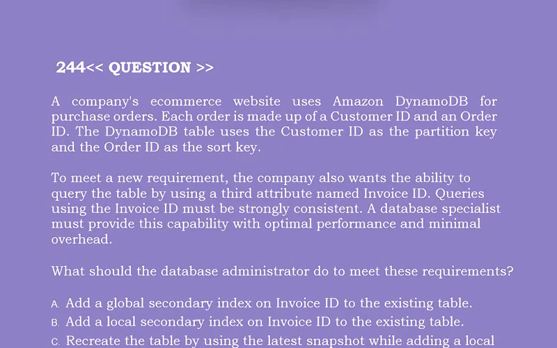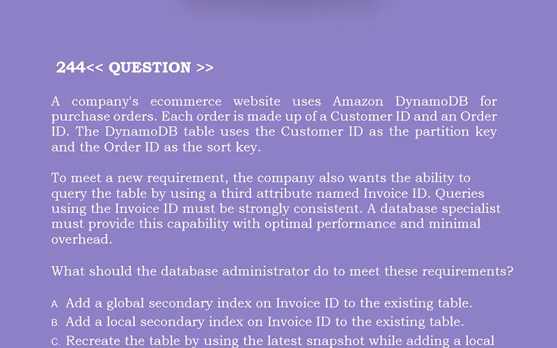Question is, a company's e-commerce website uses Amazon DynamoDB for purchase orders. Each order is made up of a customer ID and an order ID. The DynamoDB table uses the customer ID as the partition key and the order ID as the sort key.